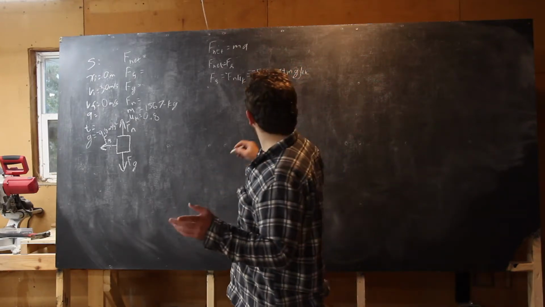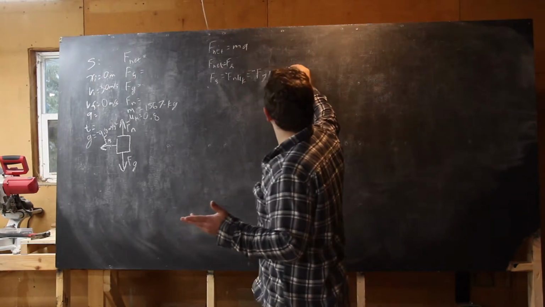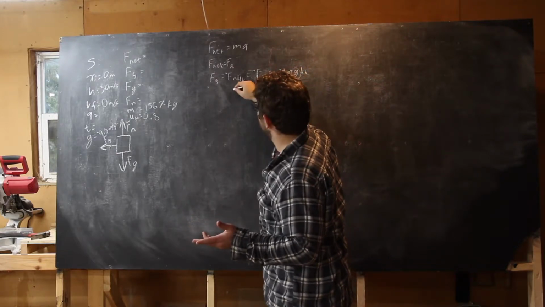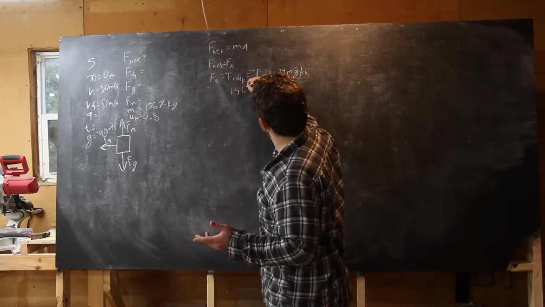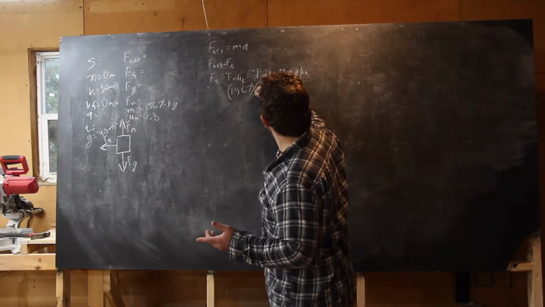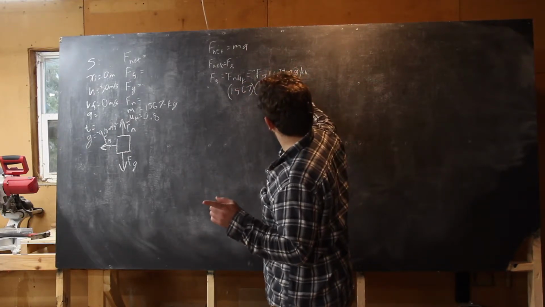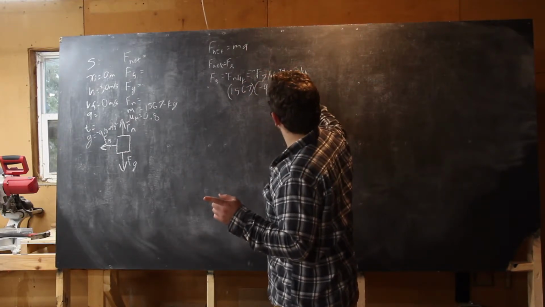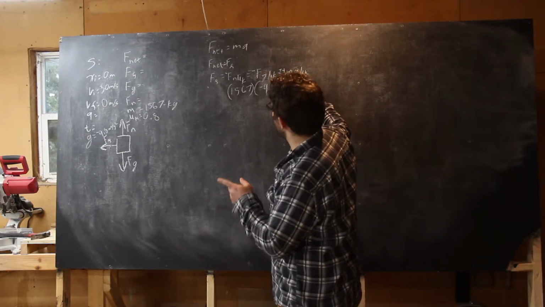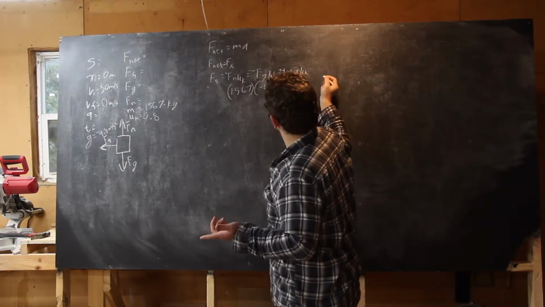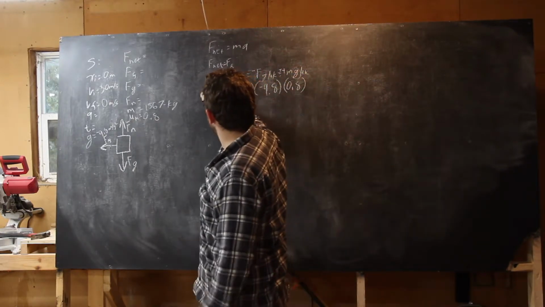Mouthful. Okay, but let's go ahead and plug our numbers into that. Mass is 1,567 times the acceleration due to gravity, negative 9.8, times the mu K, which is 0.8. So we'll combine all those, and that'll give us our force of friction.